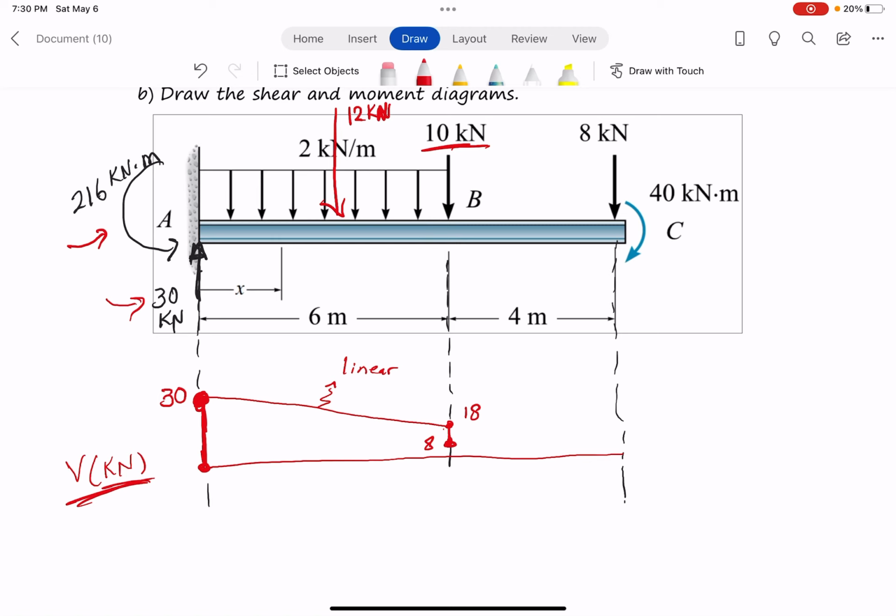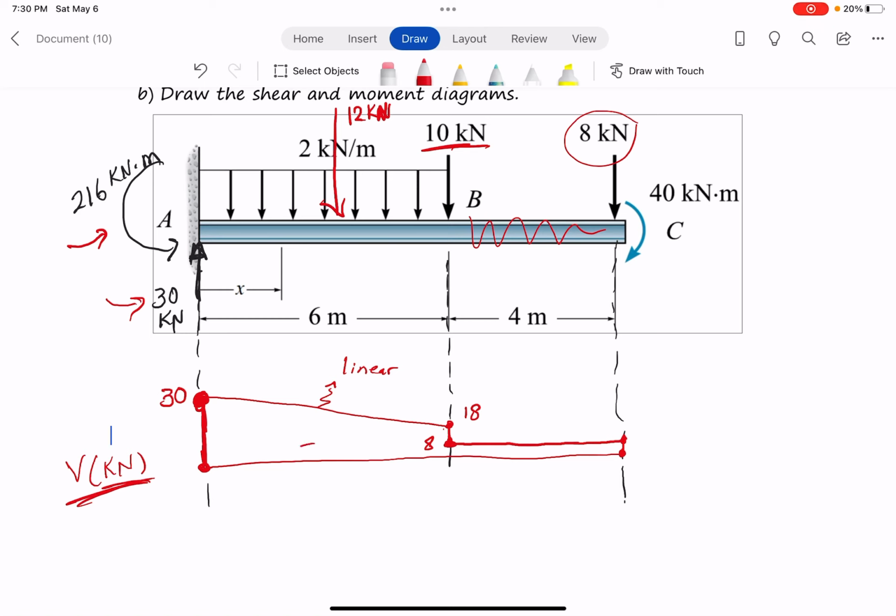You can see from B to C, there is no loading. So the 8 would be constant, all the way until you come to point C, and at this point there is an 8 down. So 8 minus 8, that's a good check. This is going to go back to 0.